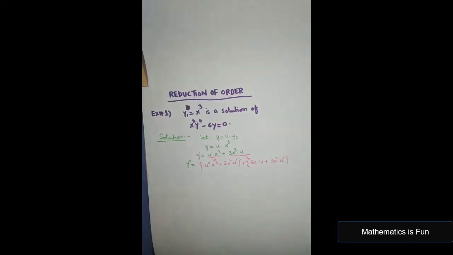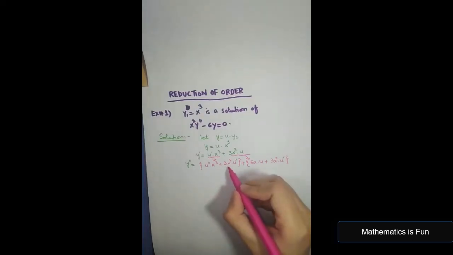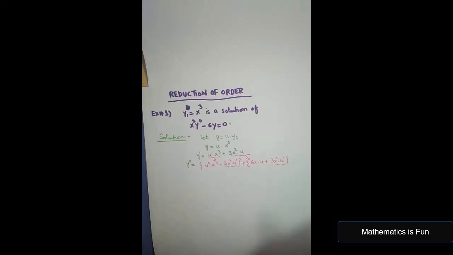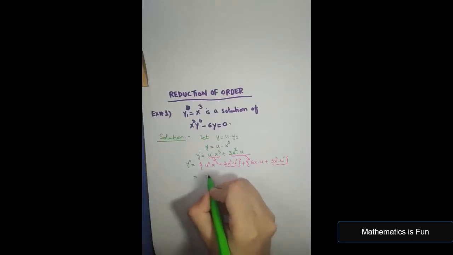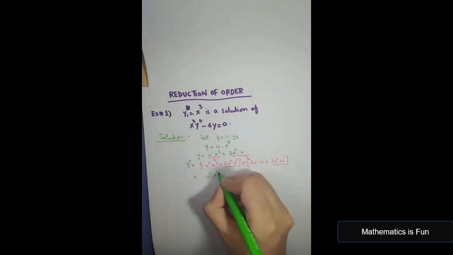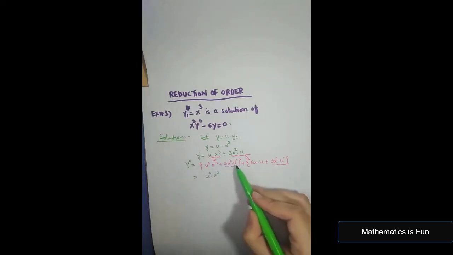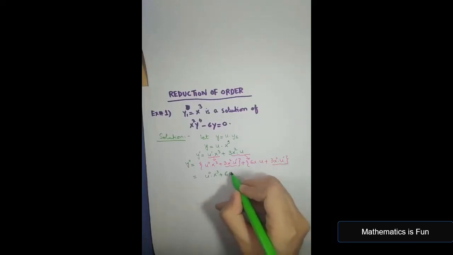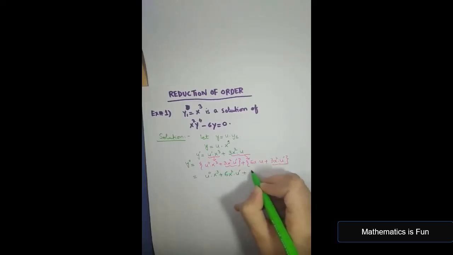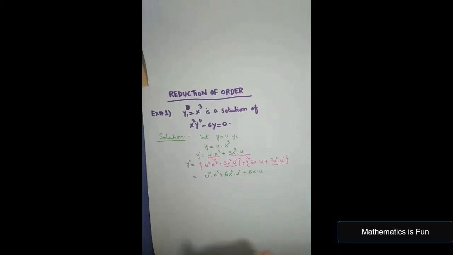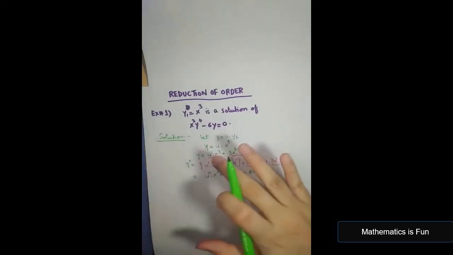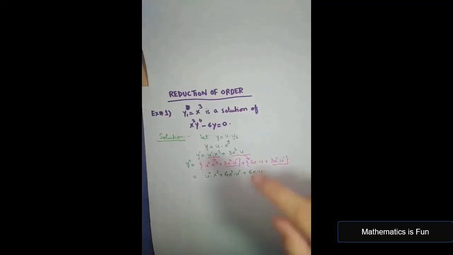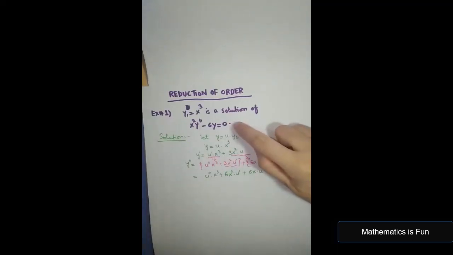Alright, what is common here? This thing is common and this thing is common. So I'm writing it as u double dash x cubed plus 3x squared u dash plus 3x squared u dash, that becomes 6x squared u dash, plus 6x times u. Now y double dash, y dash and y, we replace in this given differential equation.